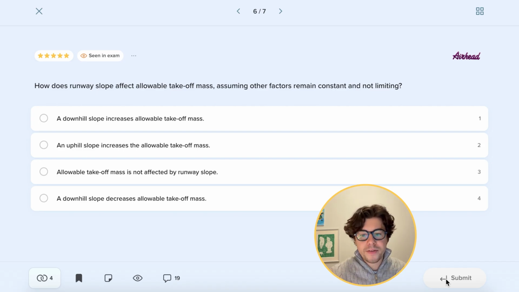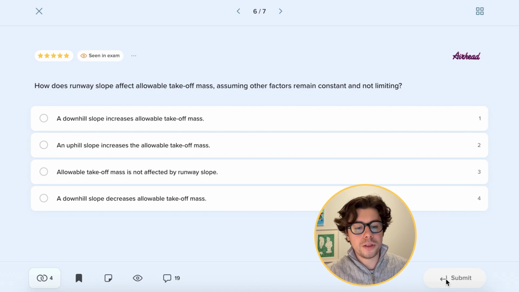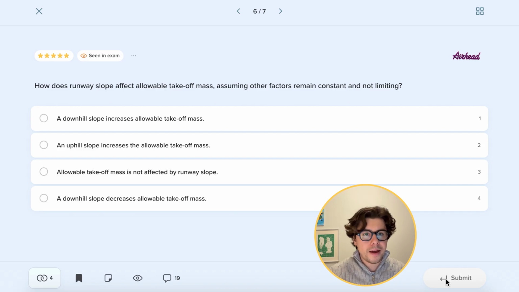So for question number 6, how does runway slope affect allowable takeoff mass, assuming other factors remain constant and not limiting? This is something that can also be cross-checked with some of the graphs in our mass and balance performance chapters.